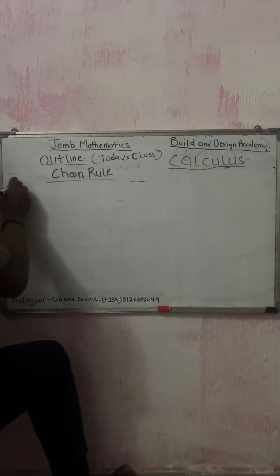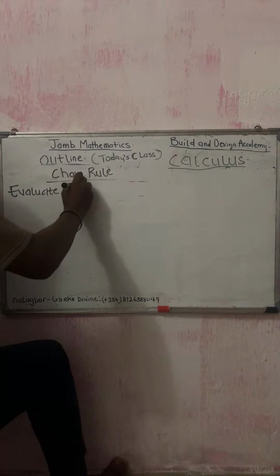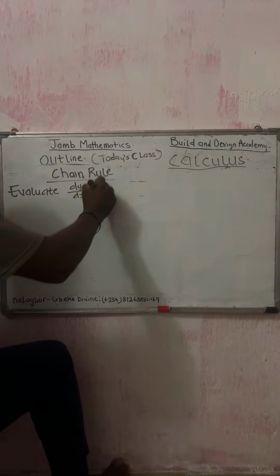We say evaluate dy over dx. I told you we are just looking for dy over dx.